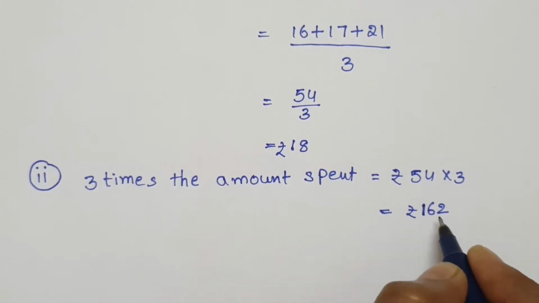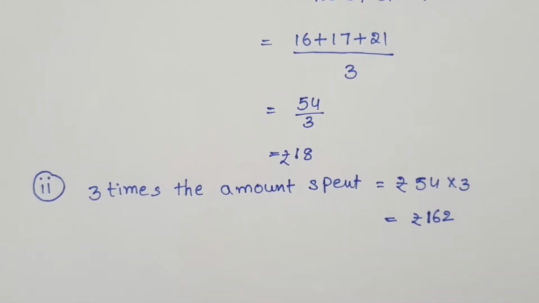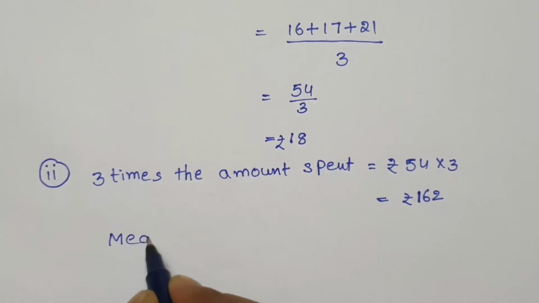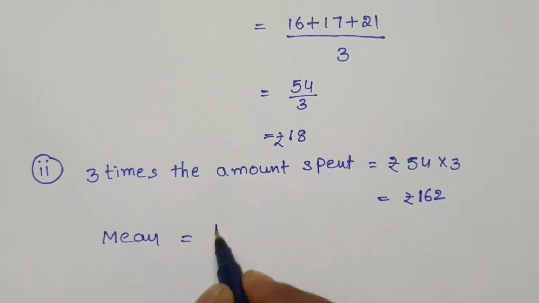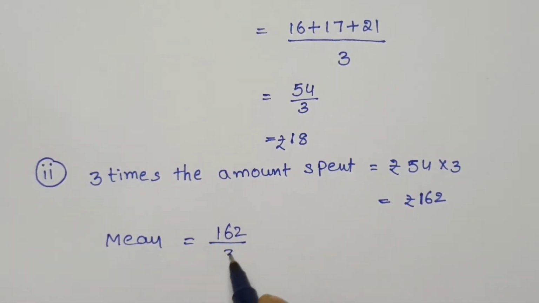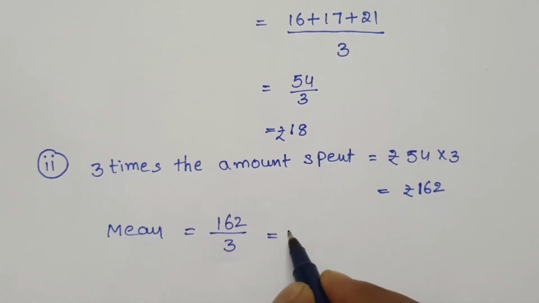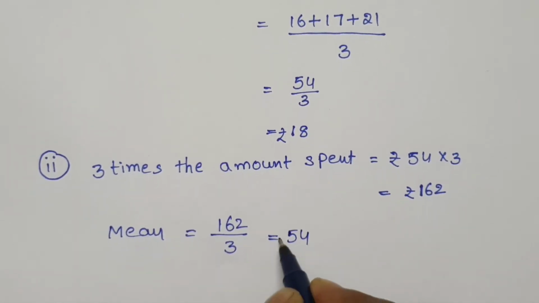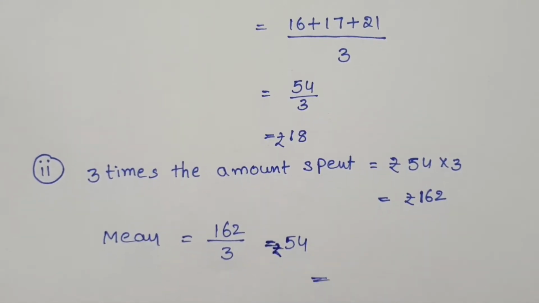Here 162 rupees. For that, mean equals 162 by 3. So we will get 54 rupees. What is this? Mean, 54 rupees.